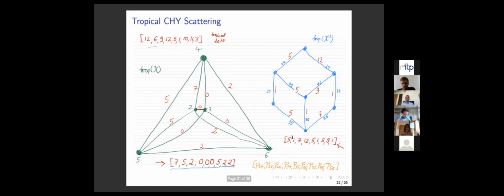Let's see one example. So I call this slide tropical CHY scattering. I take any tropical data vector, and I write it as a sum of my tropical MLE and the rest of it, where these are respectively compatible to lie in the Bergman fan.